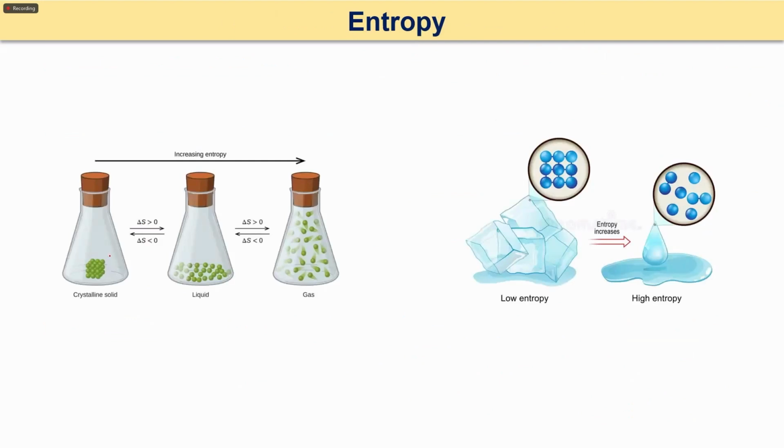Here, this is a conical flask, and here this is crystalline solid. This crystalline solid is getting transitioned, and after the transition it is becoming this liquid, which after transition forms the gaseous.